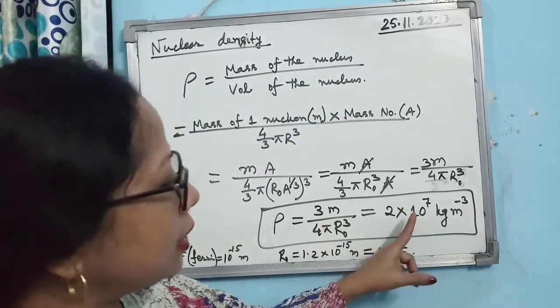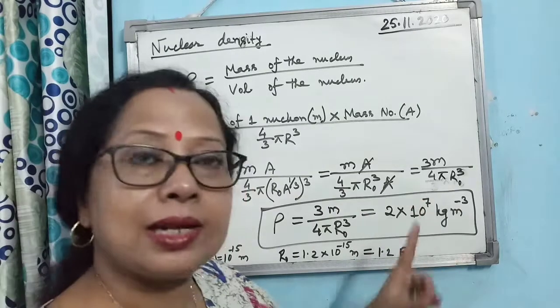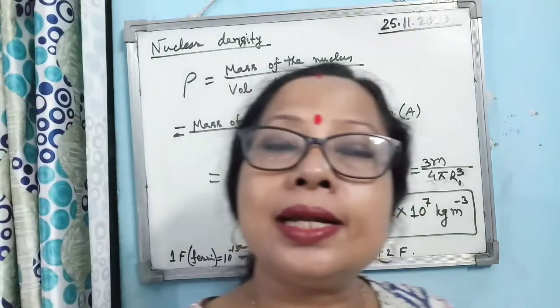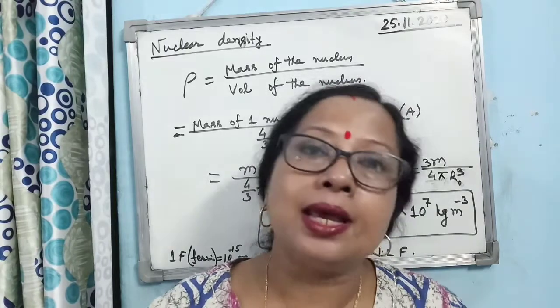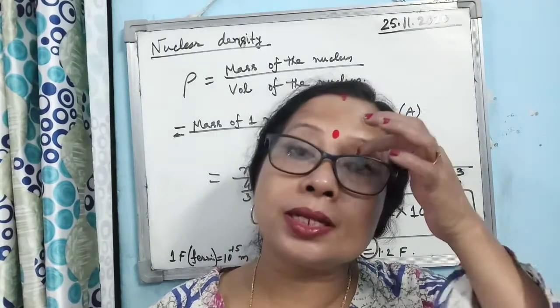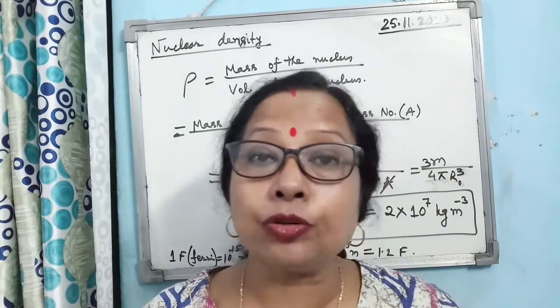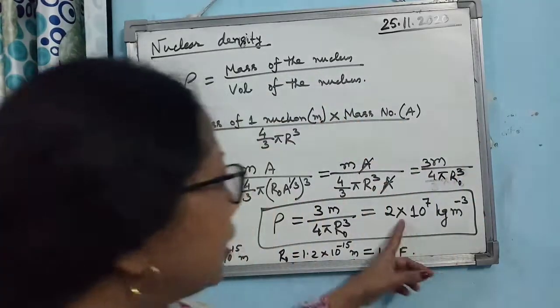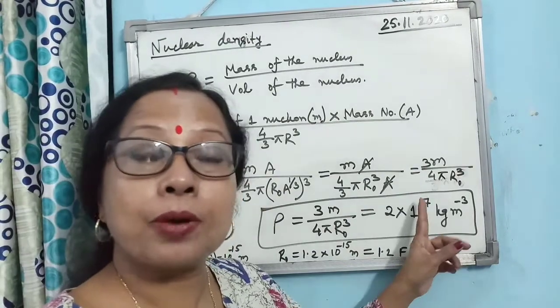And not only that, this power 10 to the power 7 indicates that the nuclear density is very, very big. It is almost 10 to the power 4 times the density of water. You know what is the density of water? 10 to the power 3 kg per meter cube. And how much the density of nucleus? 10 to the power 7.